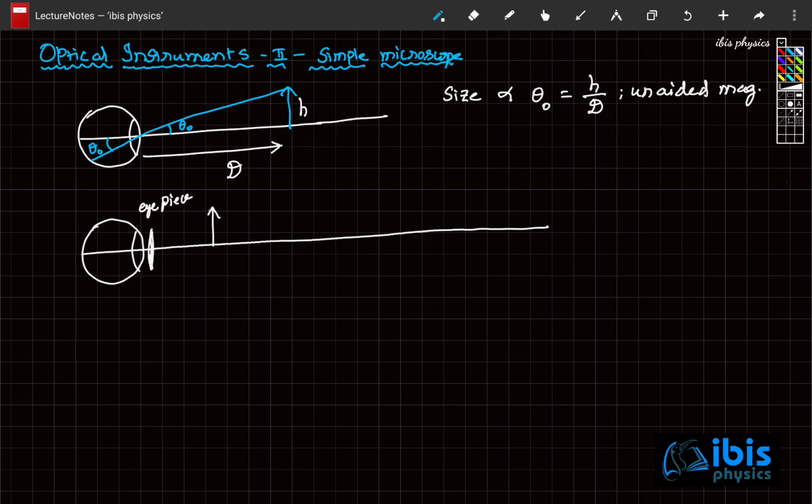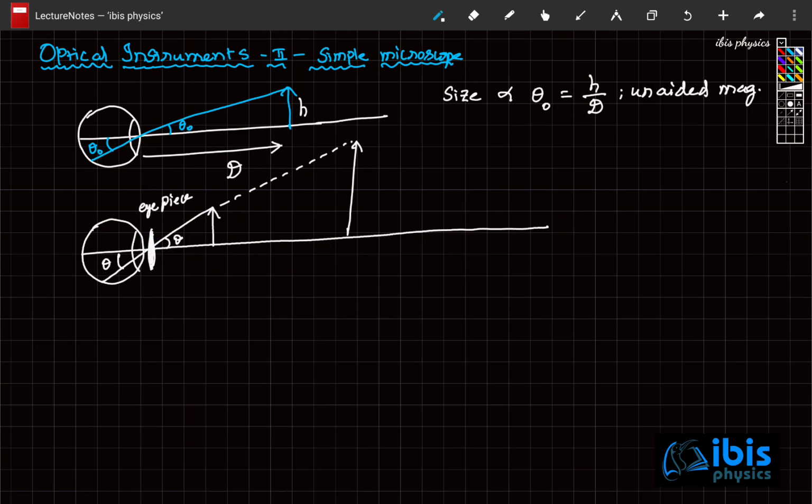This lens will form the object's image somewhere here, so that the eye will only be able to see this image. Right now, when the object is here, it subtends greater angle than theta naught. The image is formed here. So this angle theta is the size of the object as seen by the eye with the help of one lens, which we call the eyepiece.